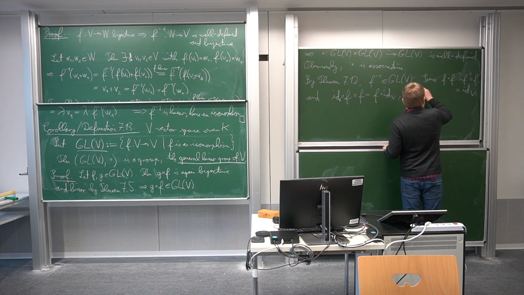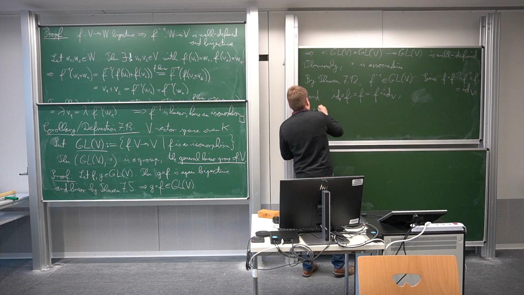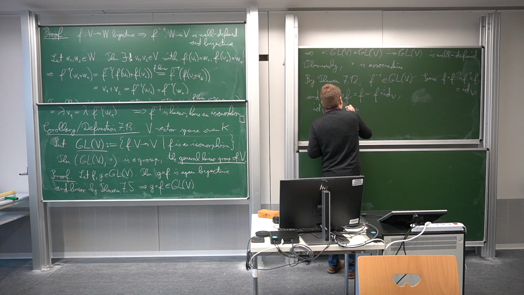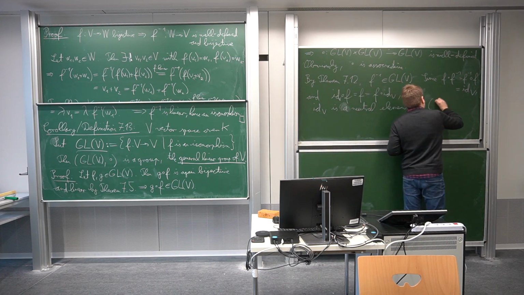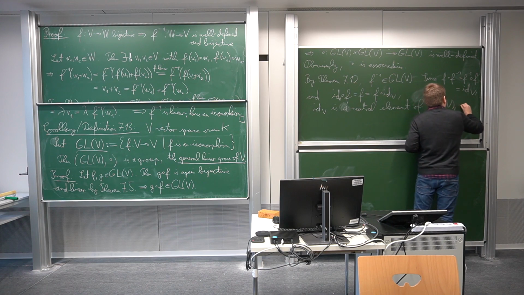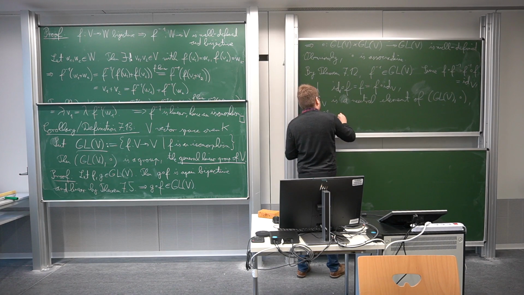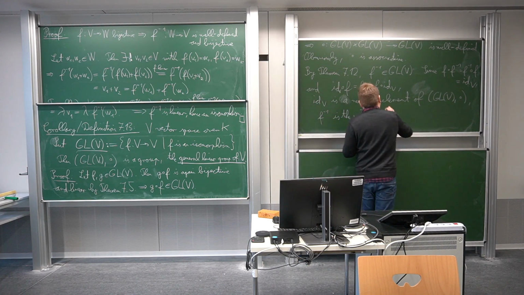So we have the existence of a neutral element. Let's start with the identity. The identity of V is a neutral element of GL of V with the composition, and F to the minus 1 is the inverse element of F in this group.